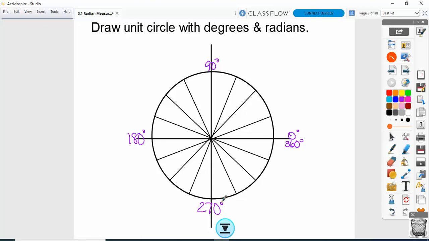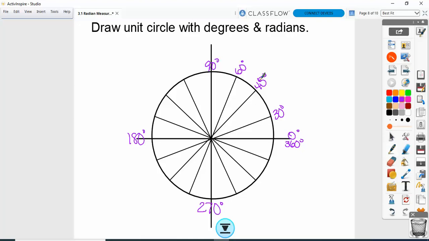We've talked about 0, 30, 45, 60, and 90. So these are my 30, 45, and 60 degree angles. The rest of the circle is related to this.